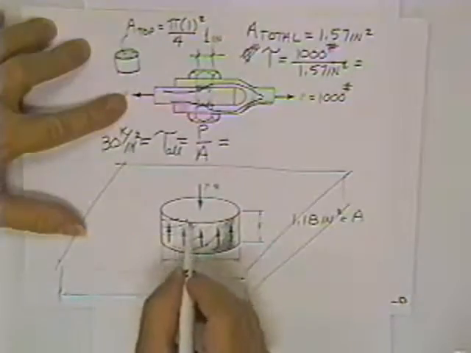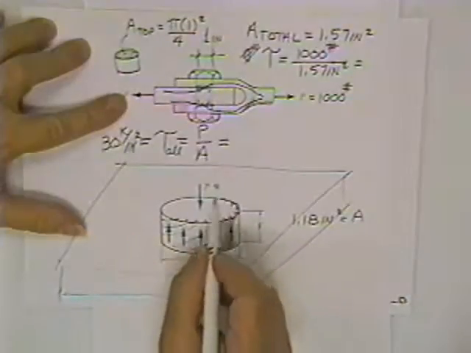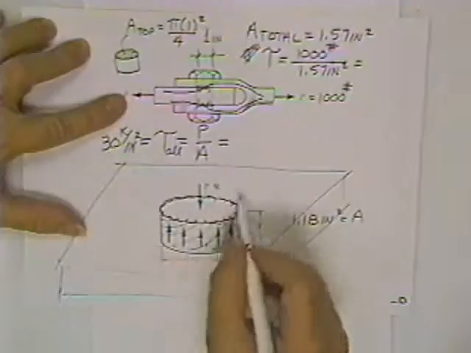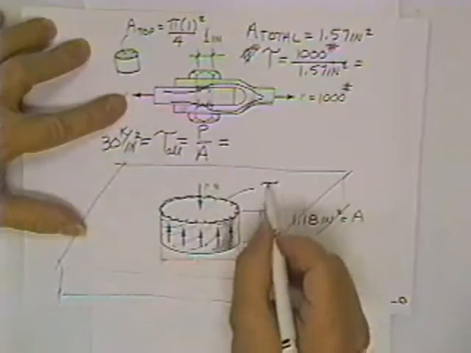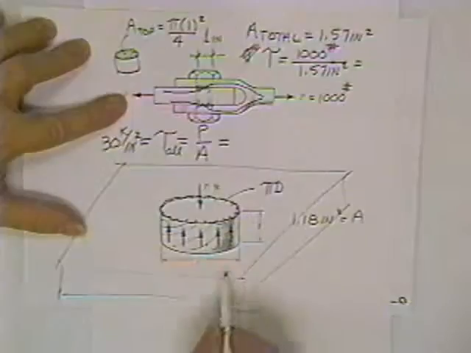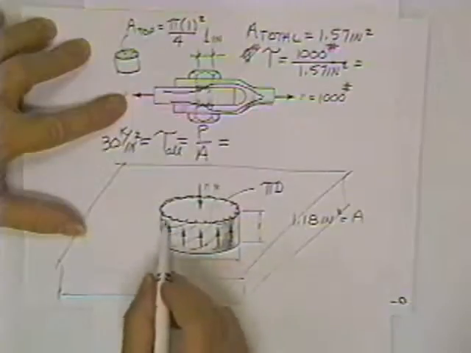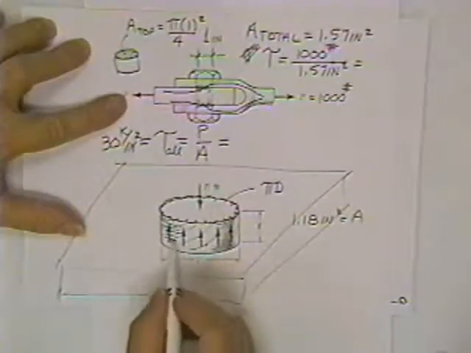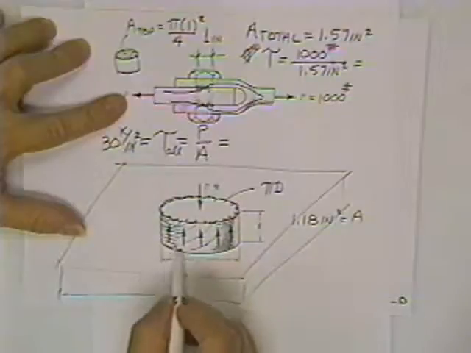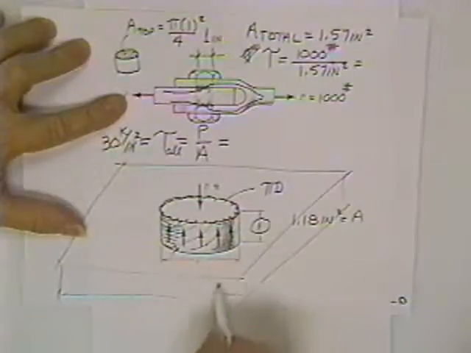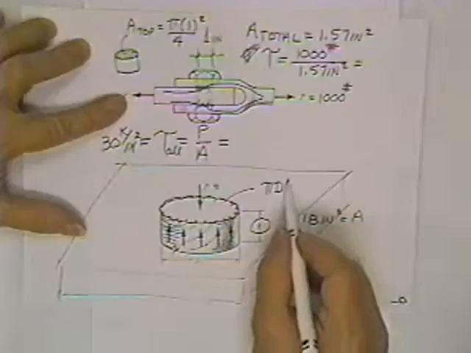So to get this area, all you do is multiply how far it is around that surface. That distance around would be pi d. You multiply that length of that line times how far the line moves to get from the top to the bottom. That would be how thick the piece is.